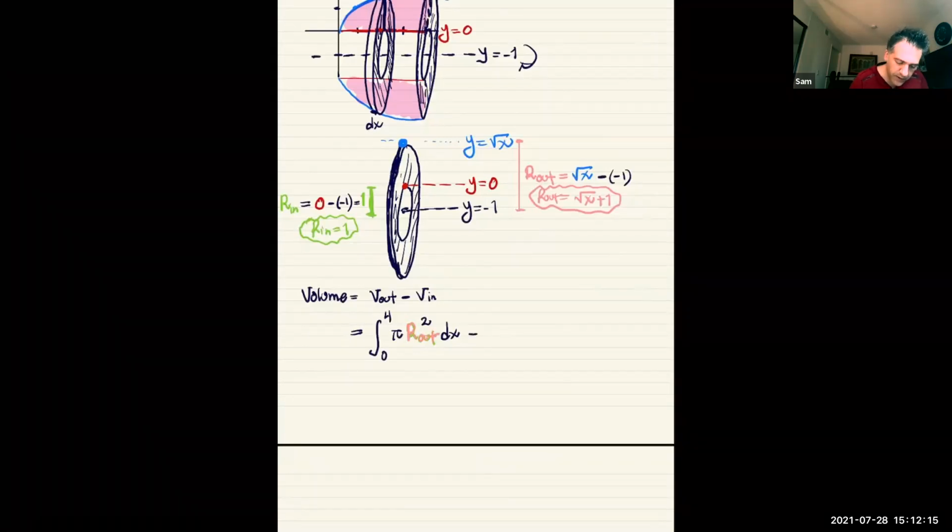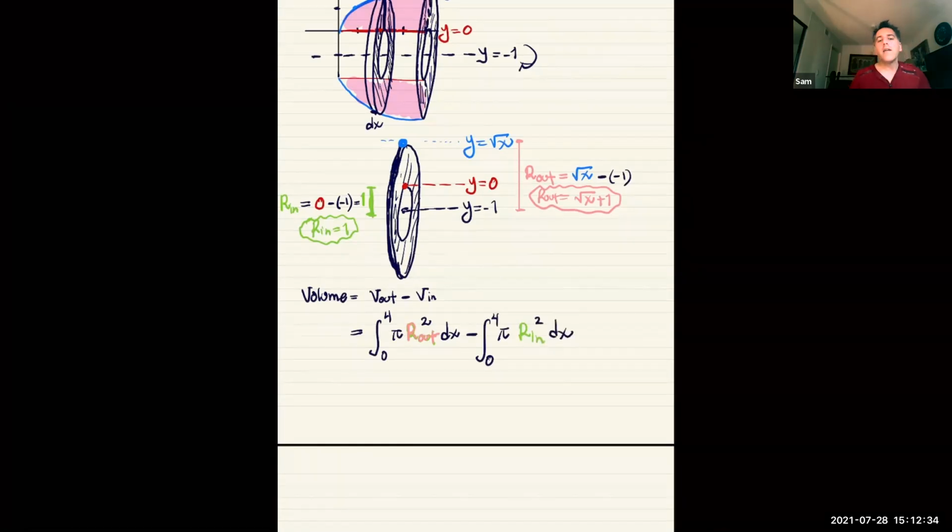Okay, minus the inner volume. That's again, integral 0 to 4 pi times the inner radius squared, times thickness, which is dx.